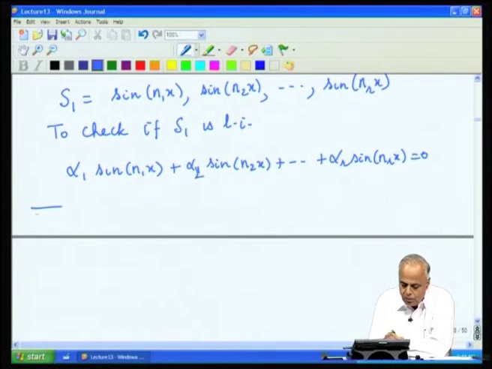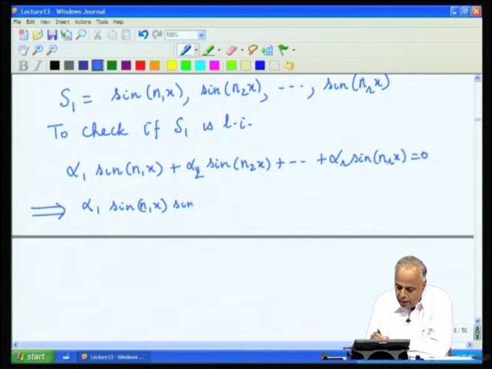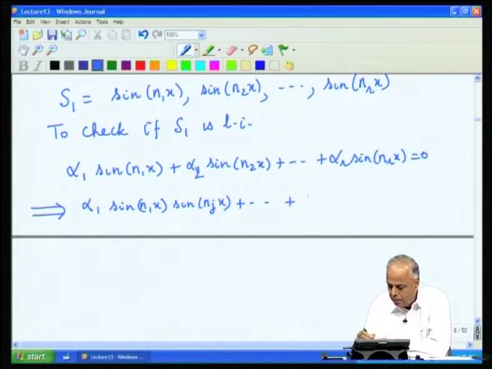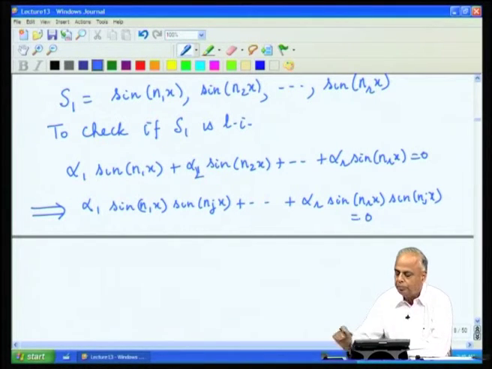Now, if this is true, we can multiply by sin nj x and integrate. So, we will get alpha 1 sin n1 x into sin nj x plus etcetera plus alpha r sin nr x into sin nj x is equal to 0.